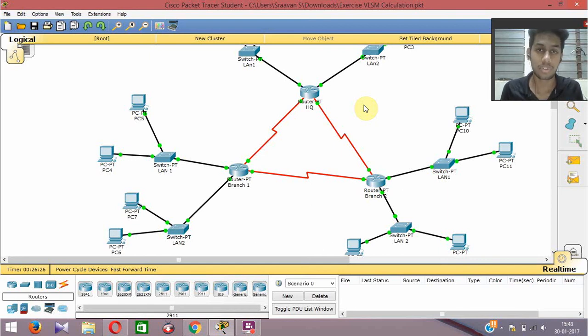So totally the requirement is 4, which is 2 power 2. So we need two host bits and 30 network bits, which are available even after assigning all the branches their IP addresses. The subnet mask that has to be given is 255.255.255.252.